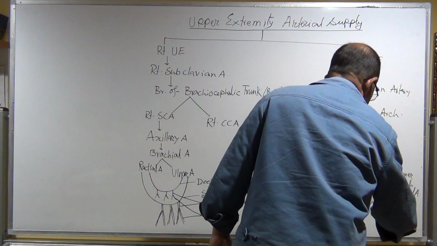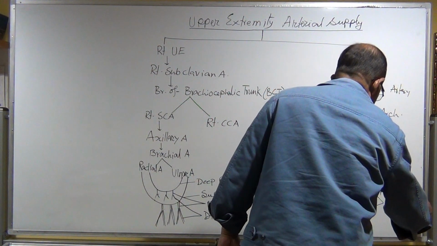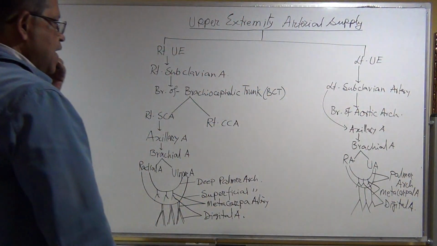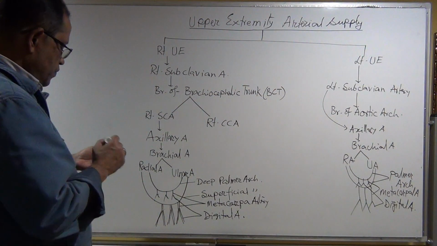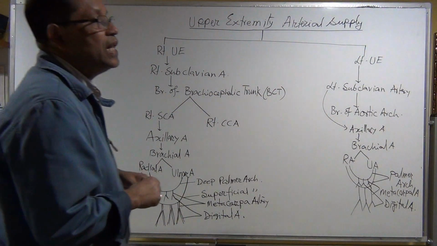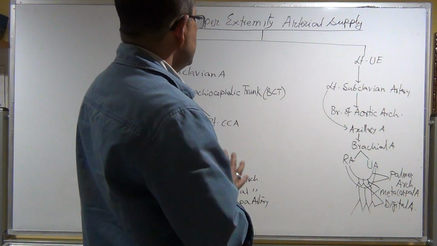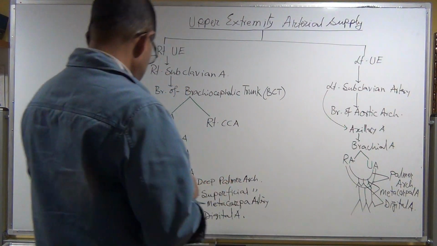Now I will draw the diagram with the anatomical landmarks to understand the arterial supply of the upper extremity.